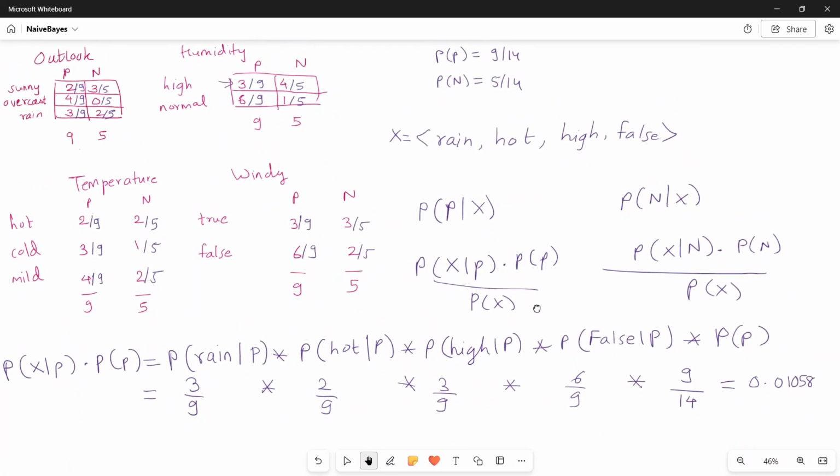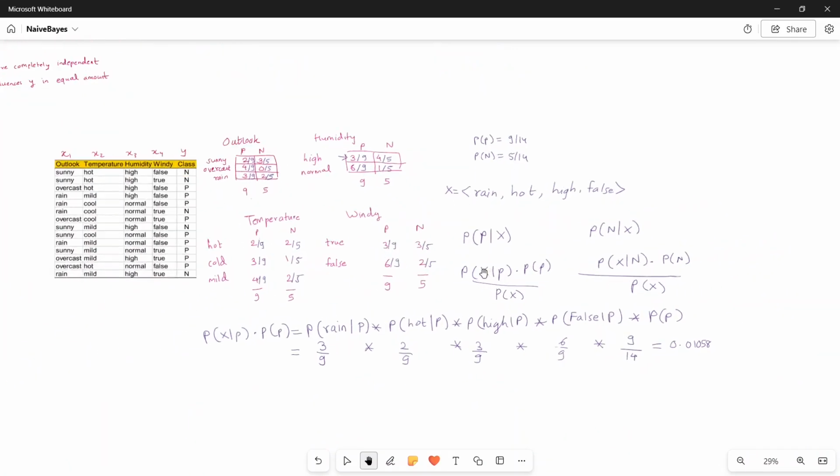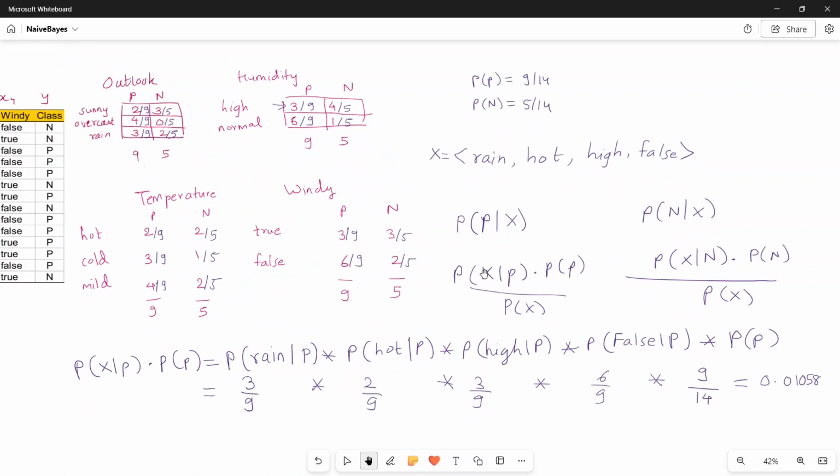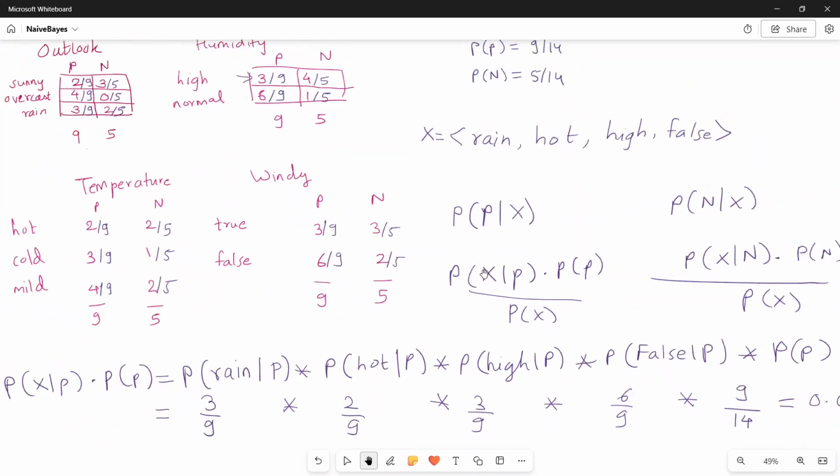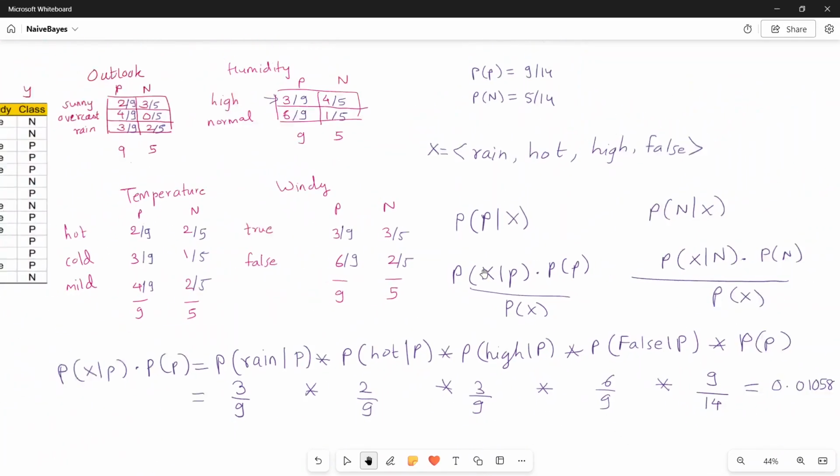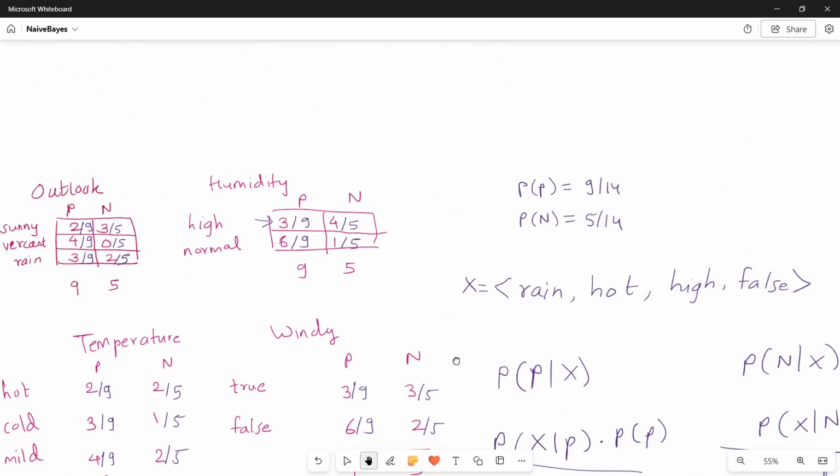Now let's calculate the probability of x given n into probability of n. Let's calculate it above, over here.